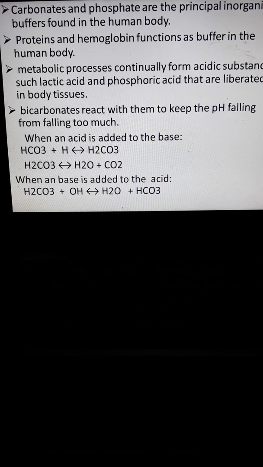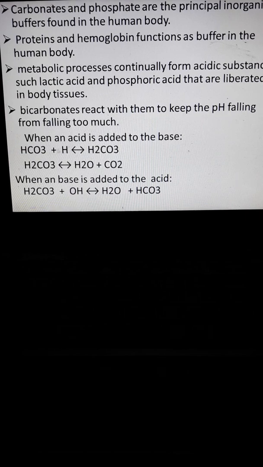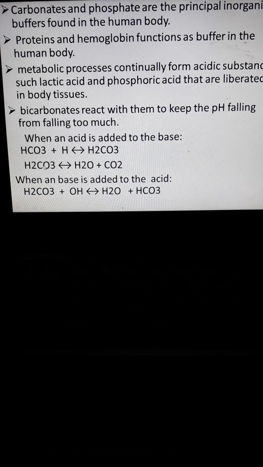So if lactic acid and phosphoric acid are being formed from the metabolic process, it will affect the pH of the body, leading to a decrease, and that will lead to abnormal conditions. So when an acid is added to a base, we have bicarbonate plus hydrogen ion, it will form carbonic acid.